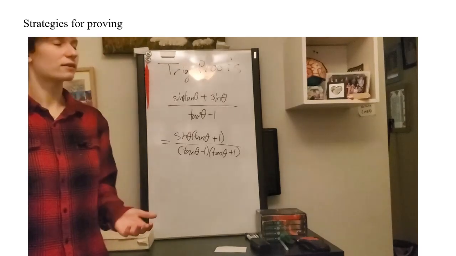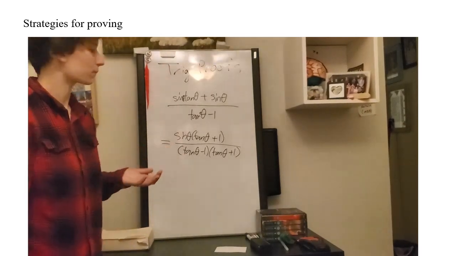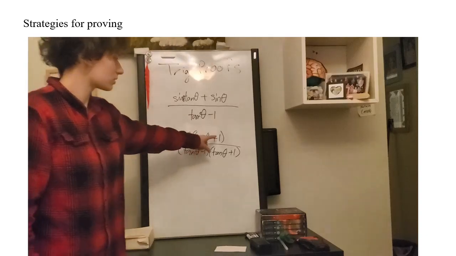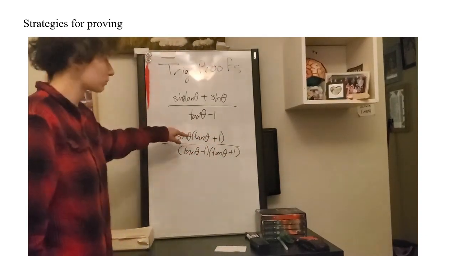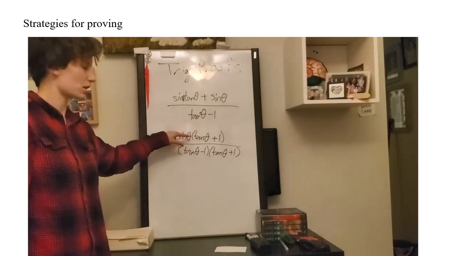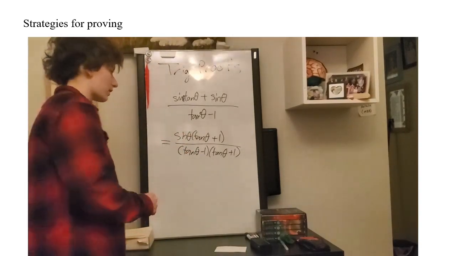And here we now see another step you can take when doing a trig proof, which is canceling out terms, basically, where you're multiplying by tan theta plus 1 on the top, but on the bottom, you're dividing by tan theta plus 1.